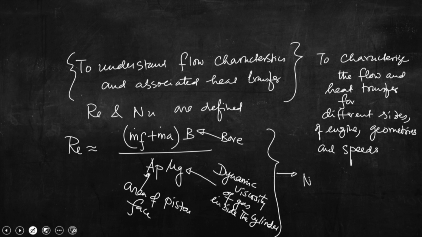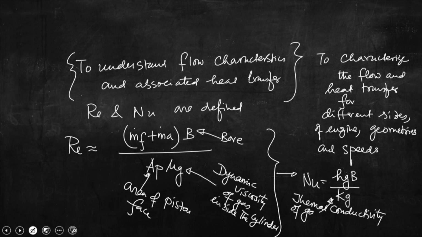Knowing the Reynolds number, we can define the Nusselt number, which is also very important: Nu equals hg times bore divided by Kg. Here Kg is the thermal conductivity of the gas inside the cylinder.